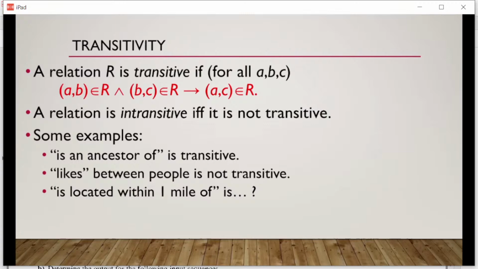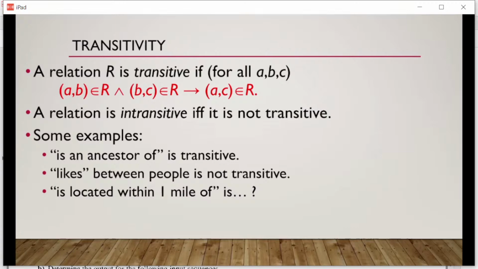What about "is located within 1 mile of"? Think about that. Is that transitive? Right now, I am located within 1 mile of my wife, and my wife happens to be located within 1 mile of Dr. Fuller. Does this mean that for sure I'm located within 1 mile of Dr. Fuller?